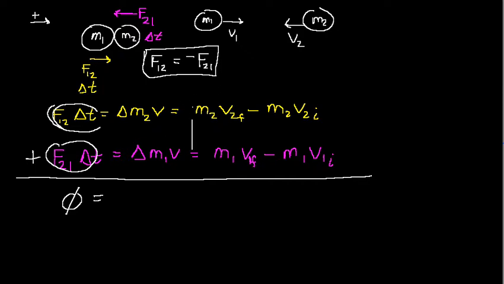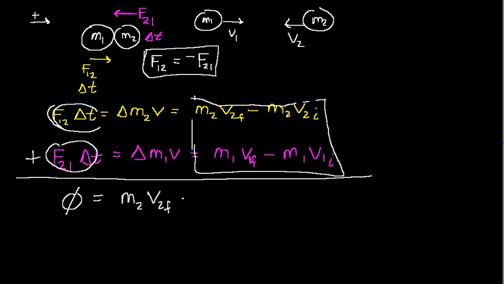And then the 0 is going to equal M2 V2 final plus M1 V1 final minus M2 V2 initial minus M1 V1 initial.